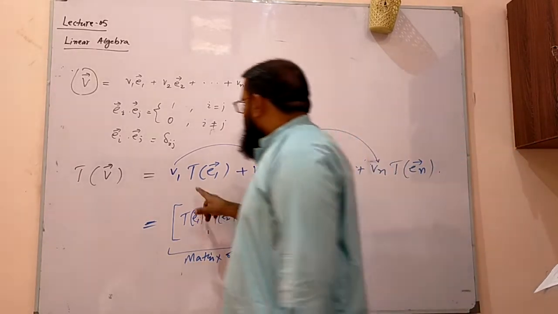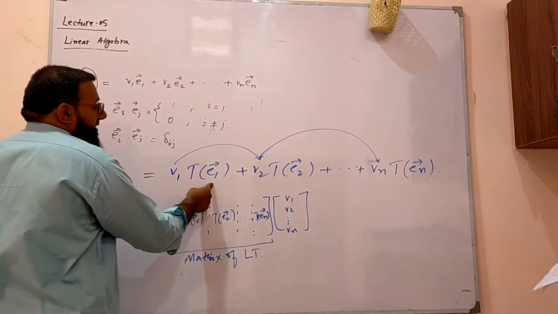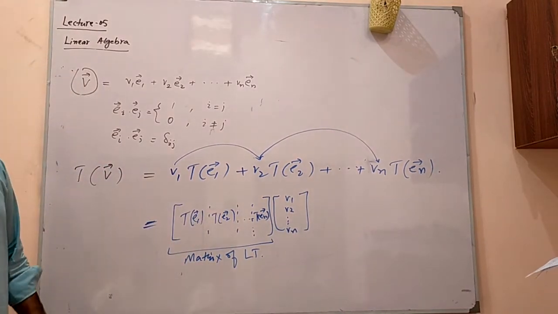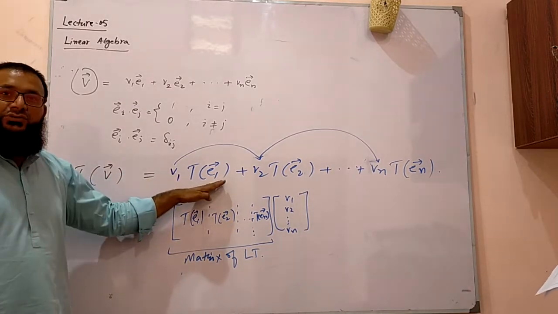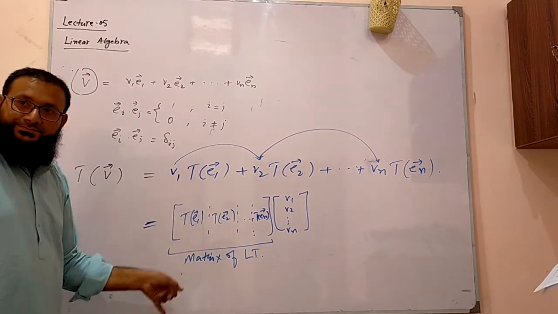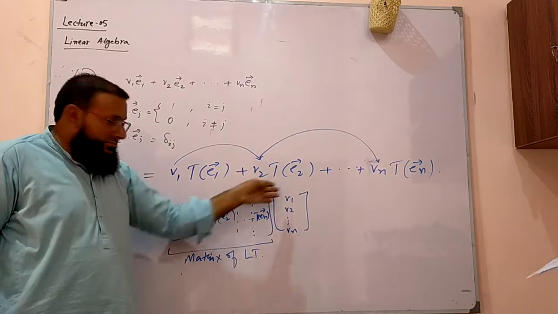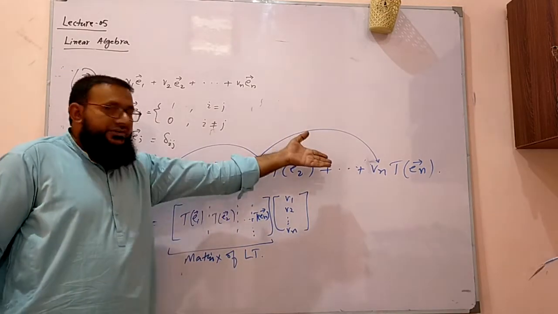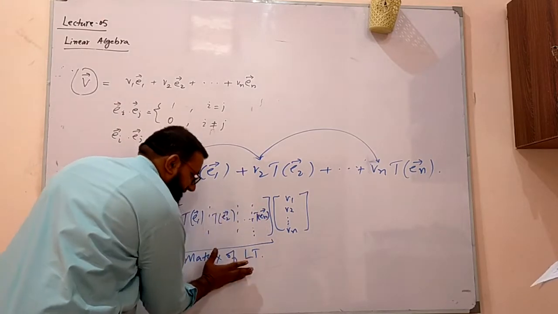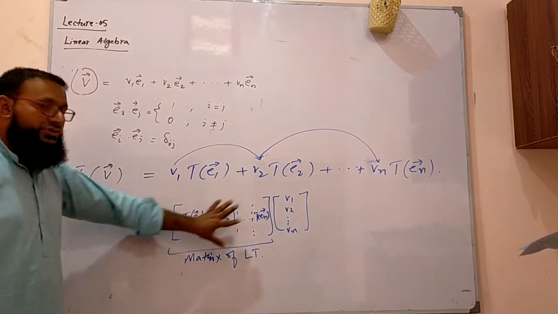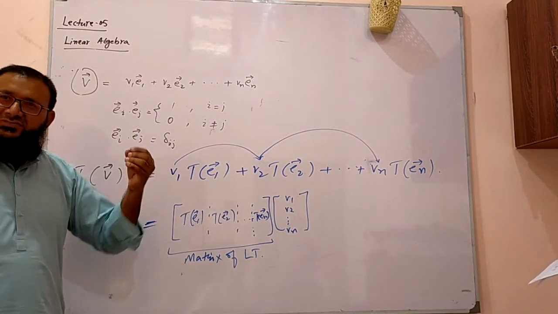This is how you find the standard matrix of your linear transformation. What you do? You just apply your linear transformation to the basis vectors. What is the basis vector? e1. Whatever answer you get, write it into a column. T of e2, write it into a column. T of en, write it into a column. This is your matrix of linear transformation. And once you got the matrix, now the things become very easy.